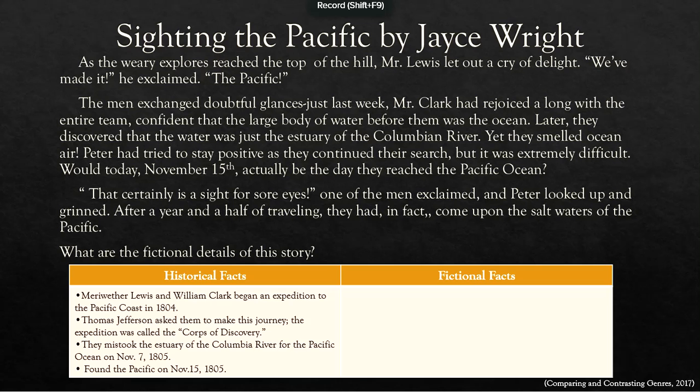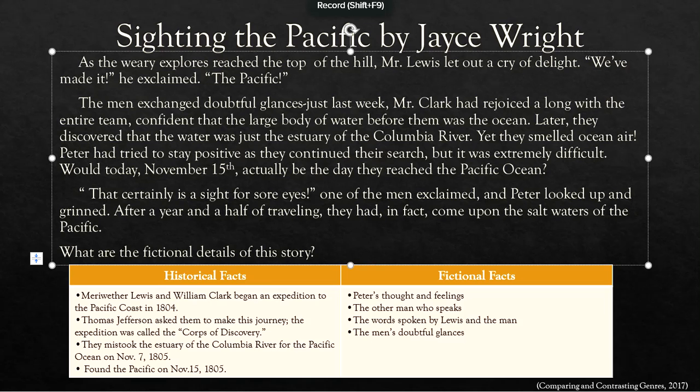Now let's look at some of the fictional details of the story. Take a moment to go back and review the text. So let's review some fictional facts. We got to hear Peter's thoughts and feelings.